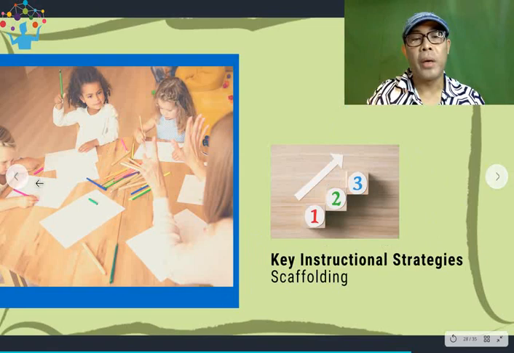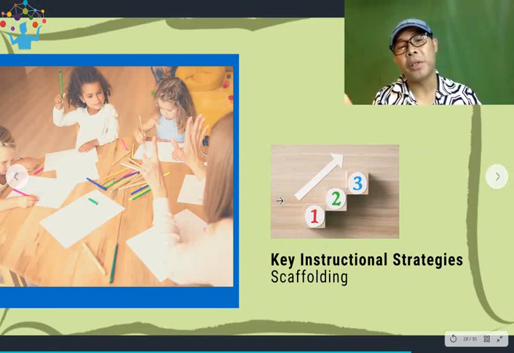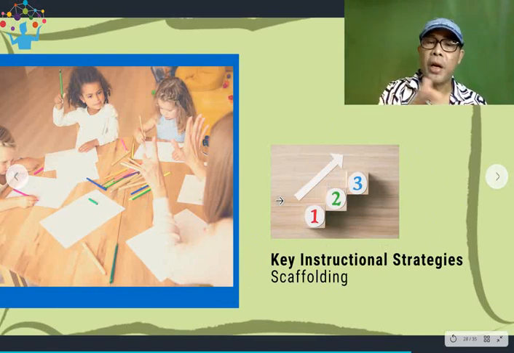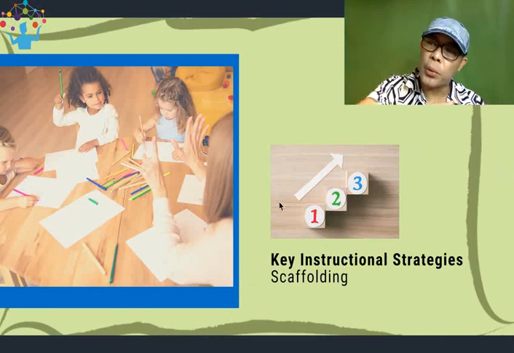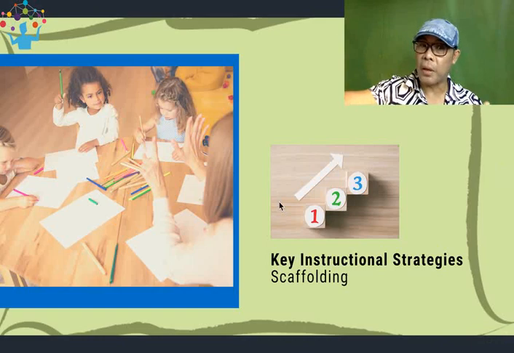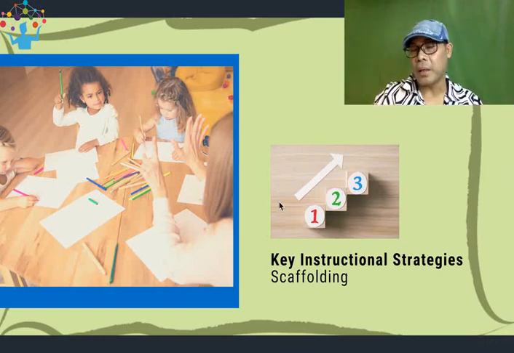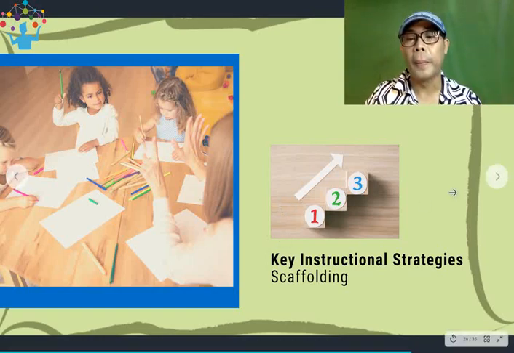Okay, we have already talked about this. So one of the strategies you're going to make use of in the classroom is scaffolding, wherein you create a step-by-step procedure, a clear instruction on how they're supposed to achieve a specific goal. So that's basically scaffolding.